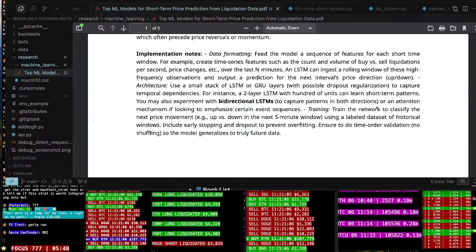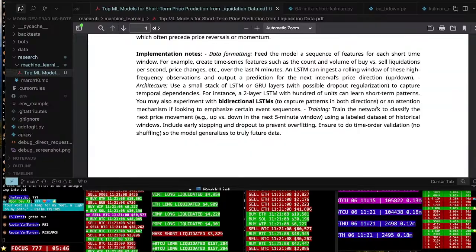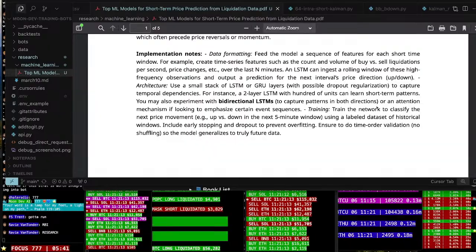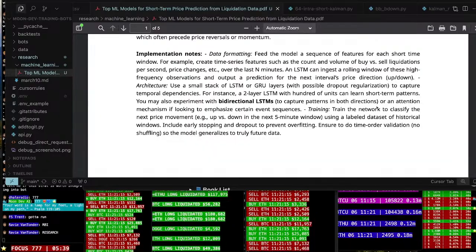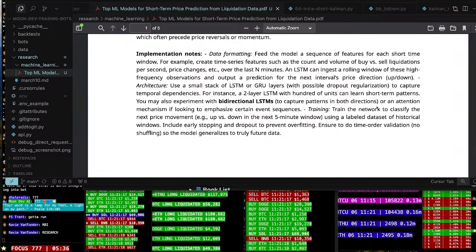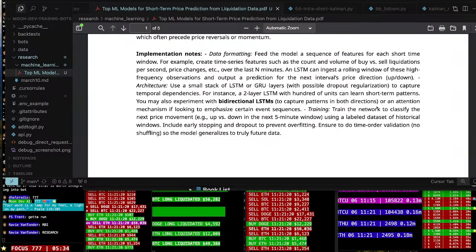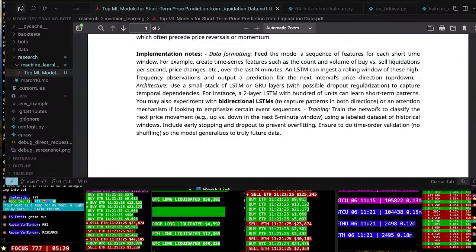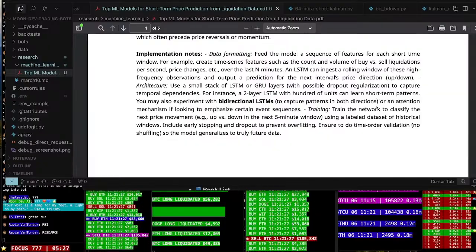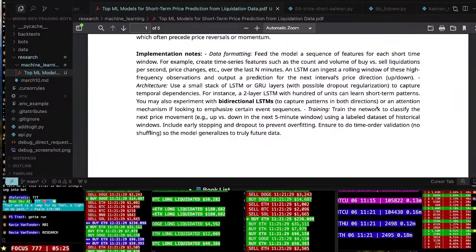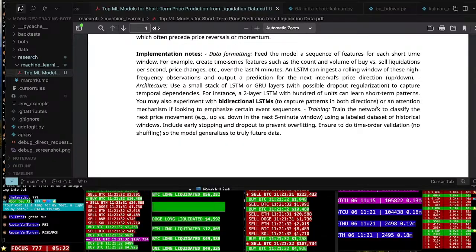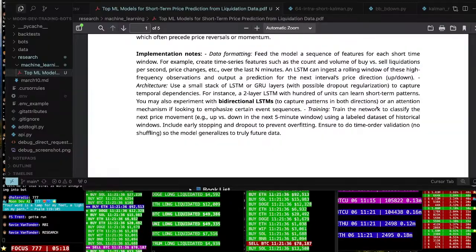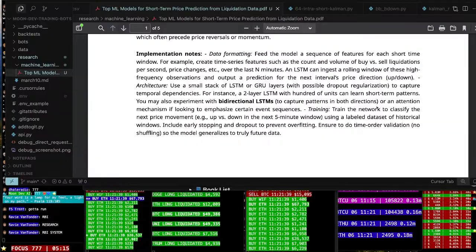Implementation notes, data formatting. Feed the model a sequence of features for each short time window. For example, create time series features such as the count and volume of buy versus sell liquidations per second, price changes, etc. Over the last n minutes, an LSTM can ingest a rolling window of these high-frequency observations and output a prediction for the next interval's price direction. Architecture.